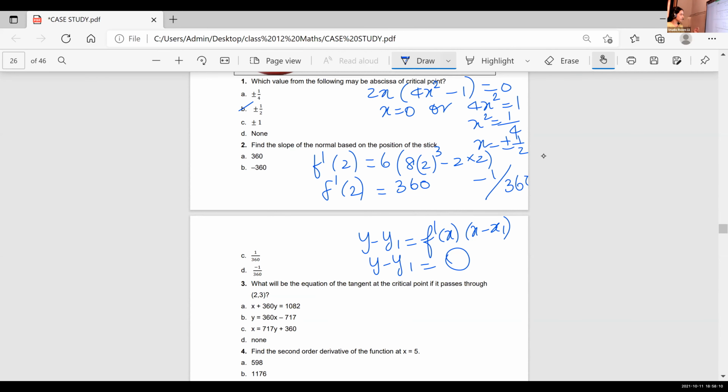Find out the critical point. Children, try to complete this one. Okay, look at the next one.